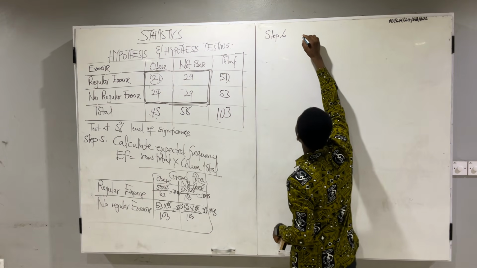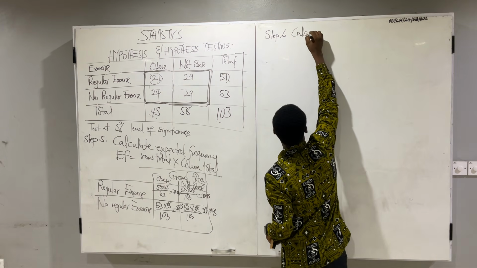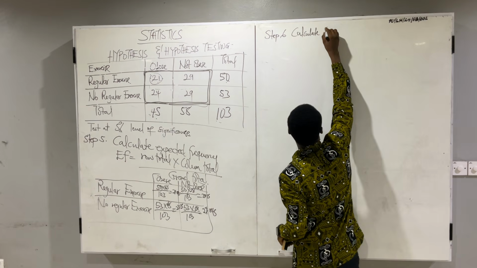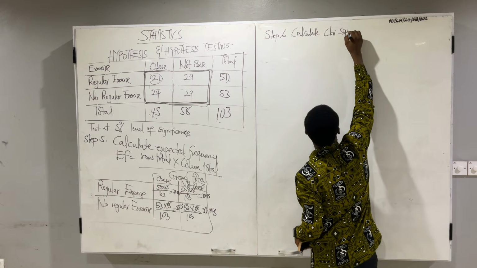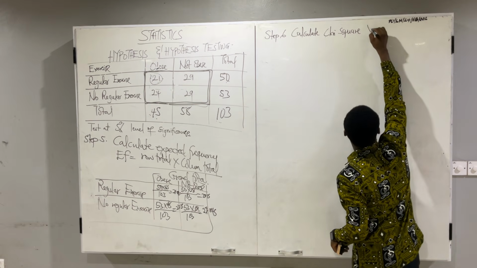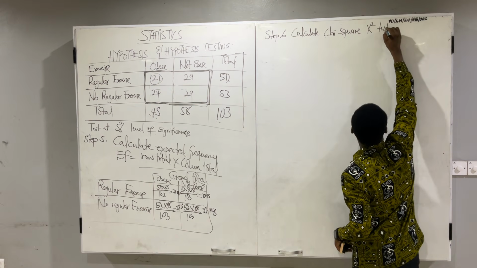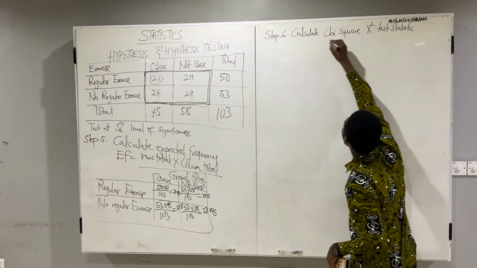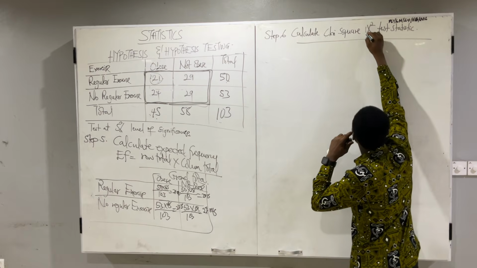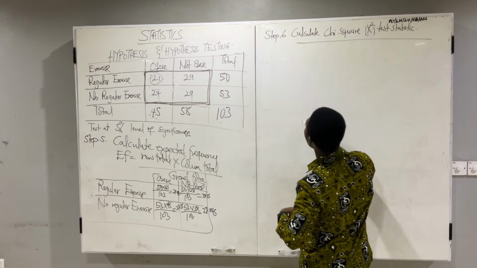Step 6 calculates the chi-square test statistic. Over here too, we have a formula.